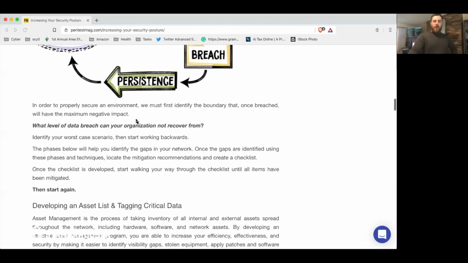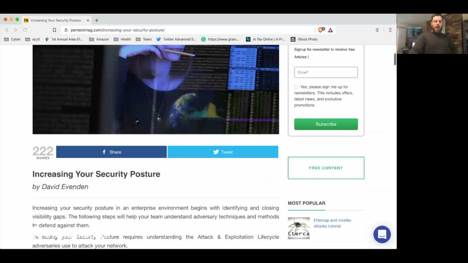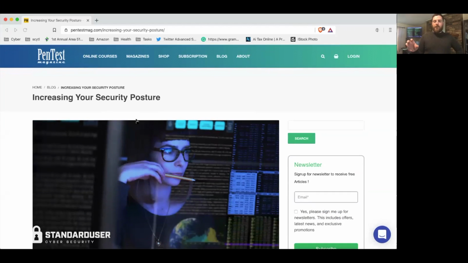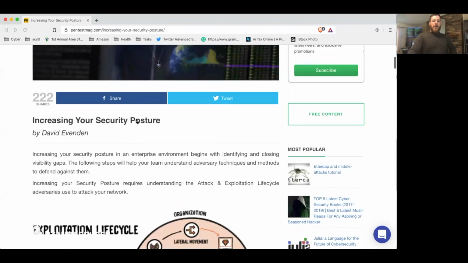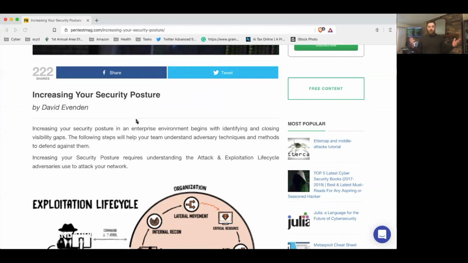So here at the very beginning, we're talking about simply increasing your security posture. And again, what is a security posture? Let's back up. You might have a bunch of IT infrastructure installed throughout your environment, but you don't have any security elements in place on top of that infrastructure.